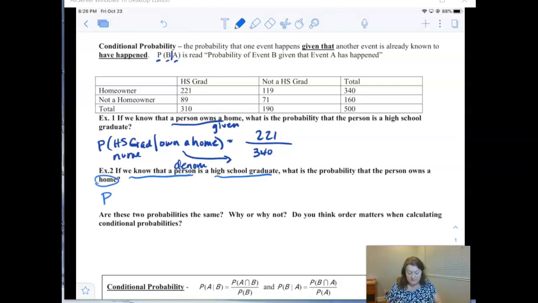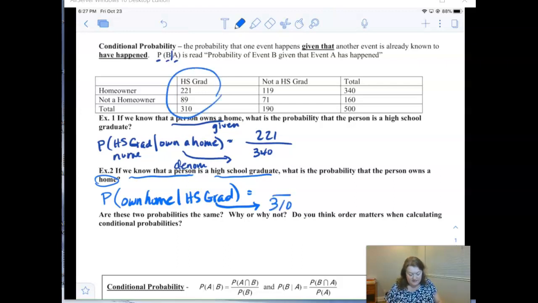So now we're doing the probability that they own a home given that they're a high school graduate. Once again, this part is your denominator, whatever is in the given part. High school grads, we're looking in this column, so we would be looking at 310 for our denominator. And of that 310, how many of them own a home? Well, that would be the 221 as well.